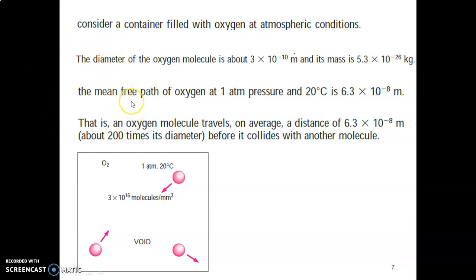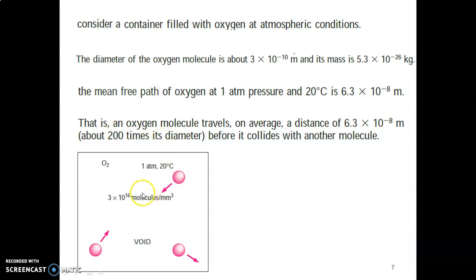In the case of oxygen, the mean free path is 6.3 × 10^-8 meter, which is 200 times greater than its diameter. If you consider the mean free path as the average distance between the molecules, the distance between two molecules will be 200 times its diameter.